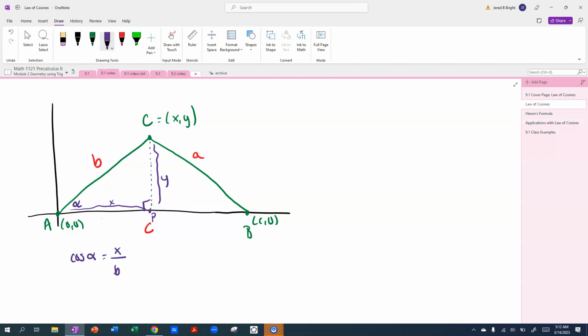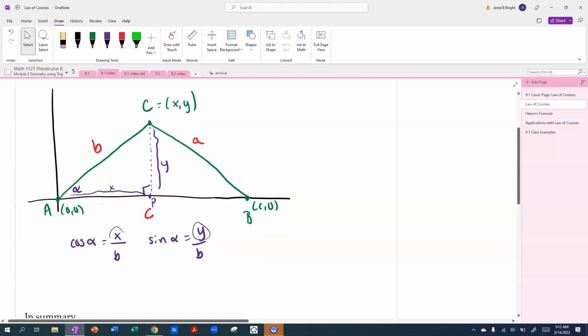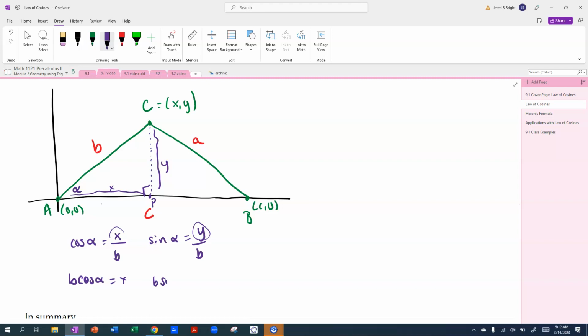And similarly, sine of alpha is going to equal y over b, by our trig functions that we know and love. Then I can solve for x and I can solve for y just by multiplying both sides by b. So b cosine of alpha is equal to x, and b sine of alpha is equal to y. Well, that's fine and well.